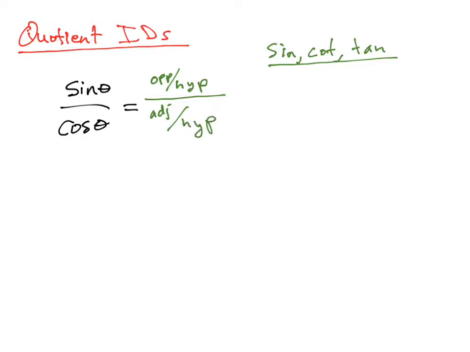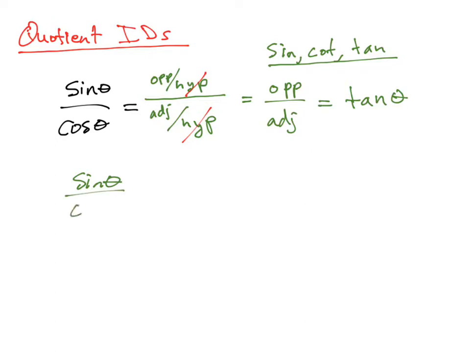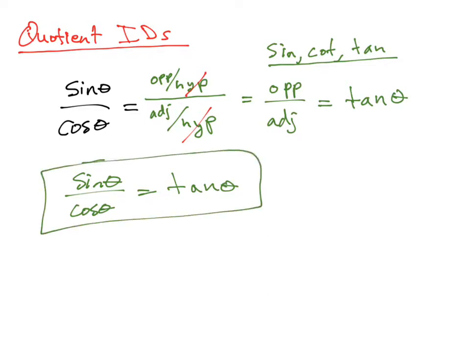Now, we can go ahead and cancel this common denominator, and that leads us to just having opposite over adjacent, which is equal to tangent of theta. So what that tells us is sine theta over cosine theta is equal to tangent theta. So that is one of the quotient identities.